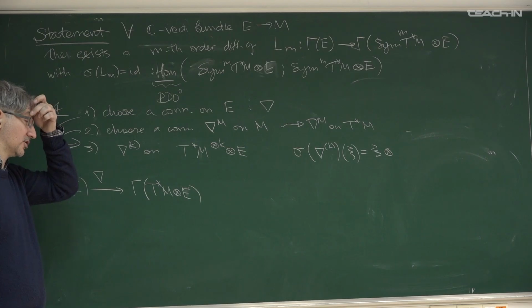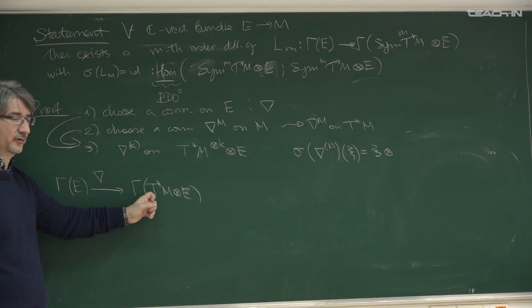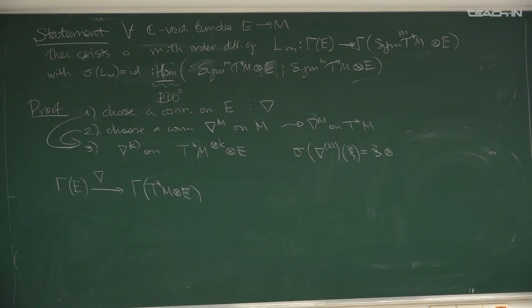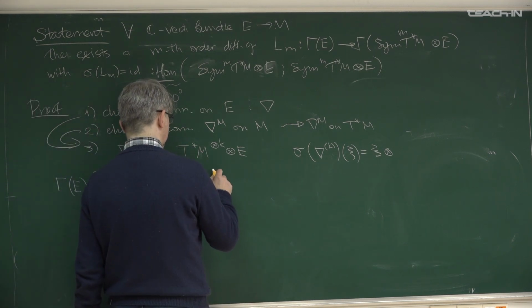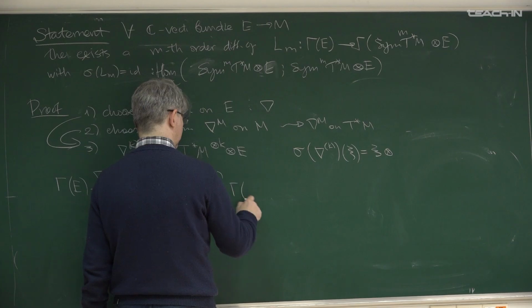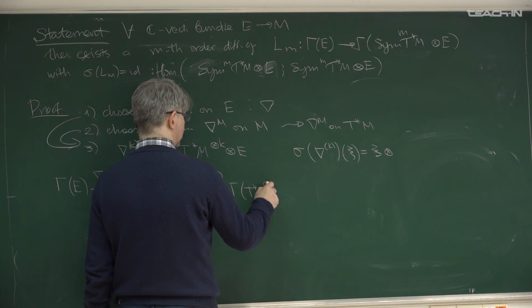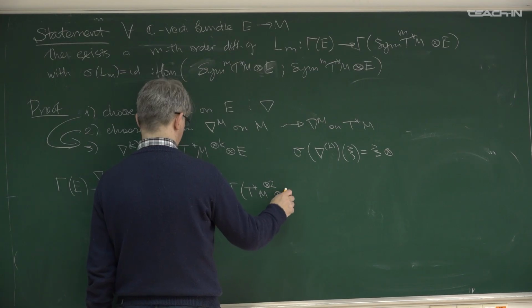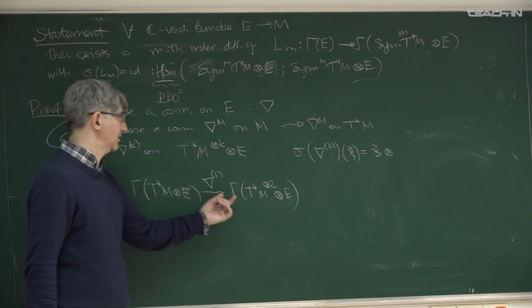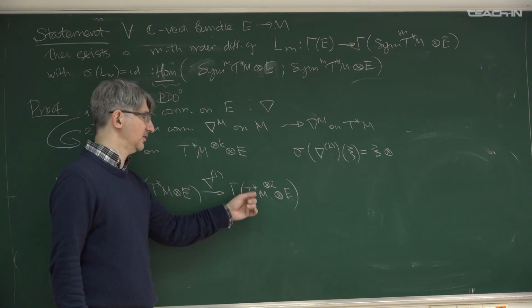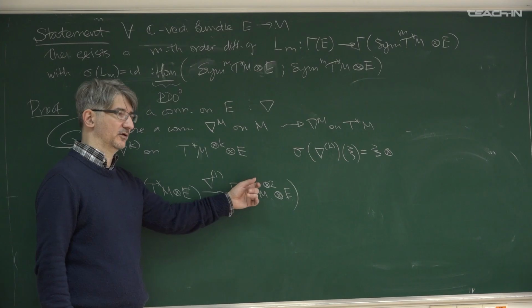What is the connection which can be applied to the sections of this vector bundle? Nabla 1. Then you apply connection, you obtain new copy of T star M here. So that's why here is square.